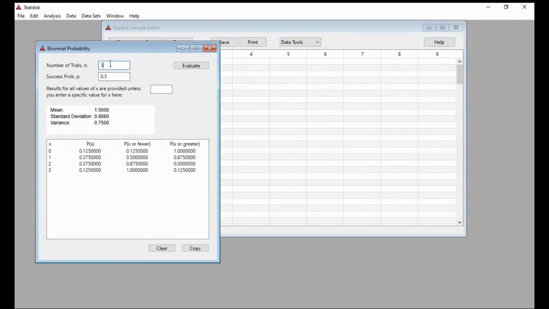Suppose I want to just play with this one and say, okay, I have 10 trials, and that means the probability is 0.50 still.